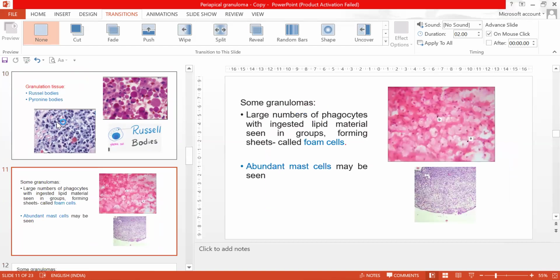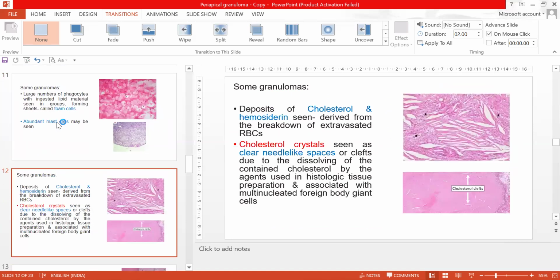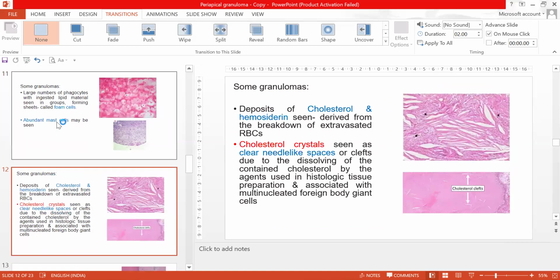In some granulomas, large numbers of phagocytes with ingested lipid material are seen in groups forming sheets called the foam cells. Abundant mast cells may also be seen. There may be deposits of cholesterol and hemosiderin in some granulomas, which were derived from the breakdown of extravasated RBCs.